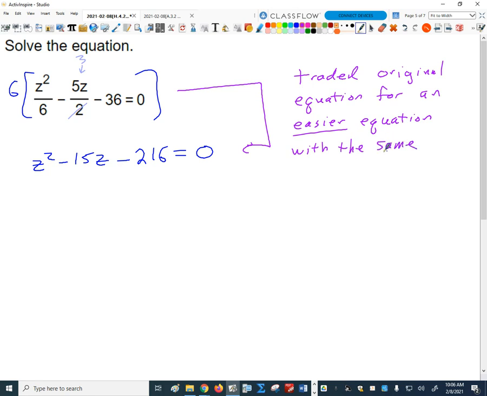Okay, we do that all the time. There's an easier one to solve. So how do we solve that one? It's in standard form. How do I factor it?